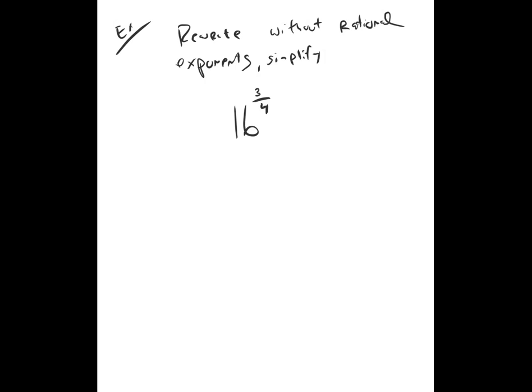So we're going to show it as a radical. 4 goes out here, 16 and 3 go in there. All right, keep the 4. Now you do your 16 to the power of 3, right? Gives you that.